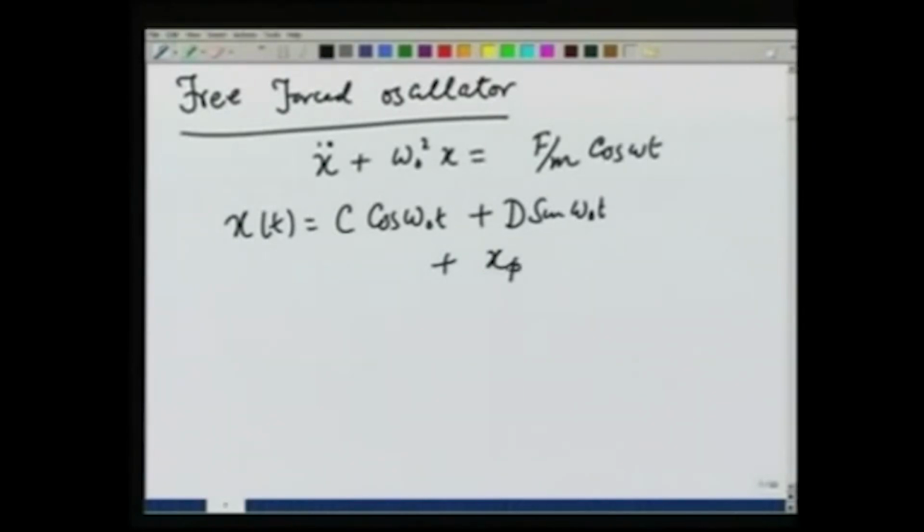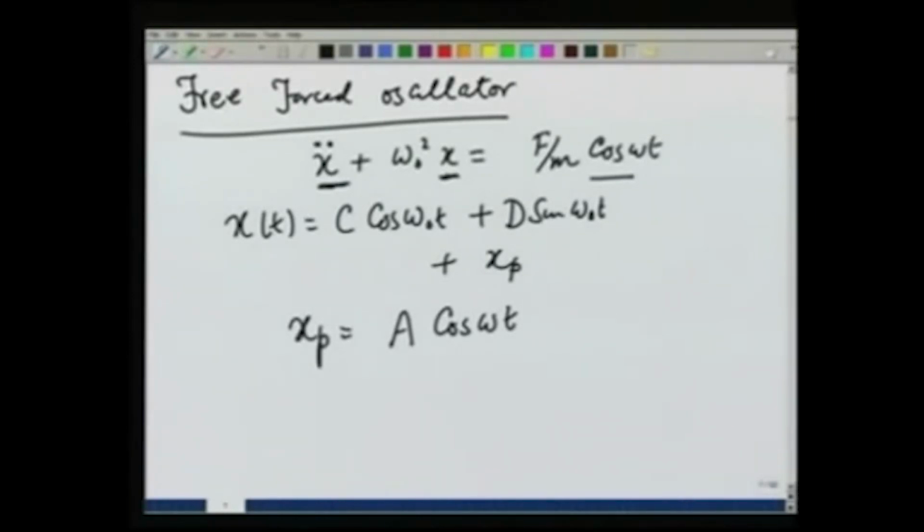Now, it is very easy to see from these equations that x particular is going to be of the form some constant a cosine of omega t, because x if substituted here gives me cosine omega t, and second derivative with respect to time is also cosine omega t.